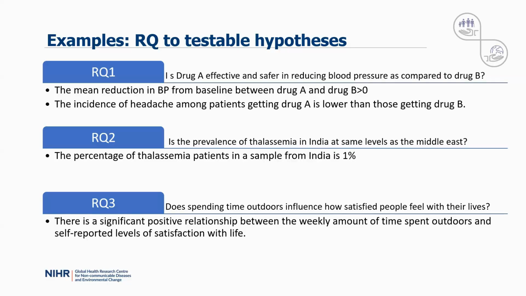The research question was a generic statement, but when you converted it into a testable hypothesis, you were talking about concrete measures that you can calculate from the data that you can collect. So the second question: is the prevalence of thalassemia in India at the same levels as the Middle East?